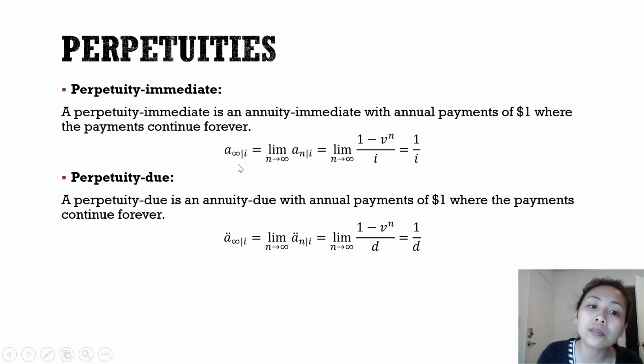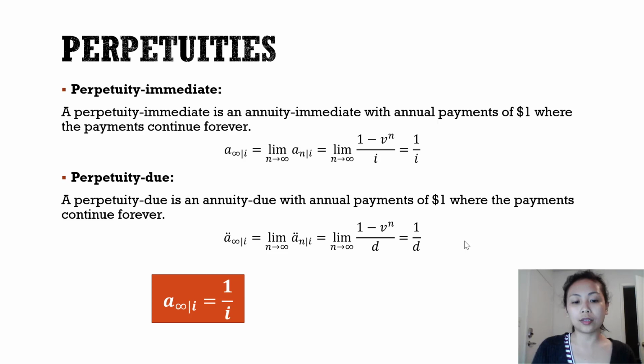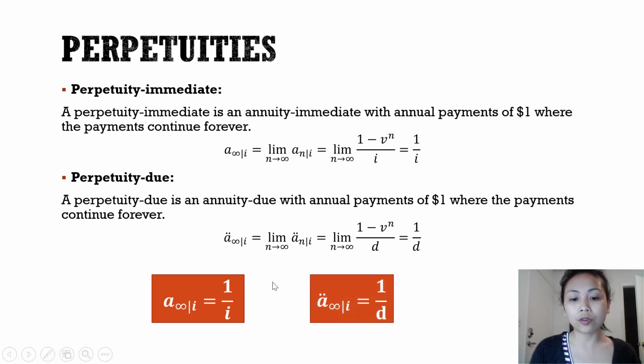So perpetuity immediate, the price is 1 over i. Perpetuity due, the price is 1 over d. And in perpetuity, we don't have accumulated value because the payments continue forever. We only have present value. So these are the two formulas that we need to memorize. If you don't memorize them, you can just simply remember for perpetuity to take the limit of annuity.